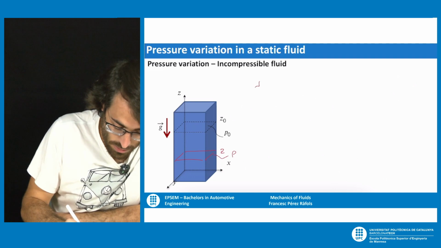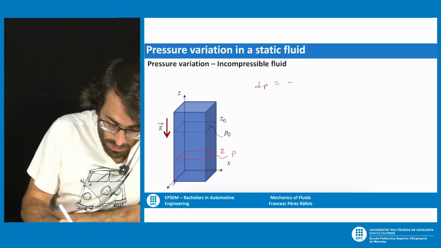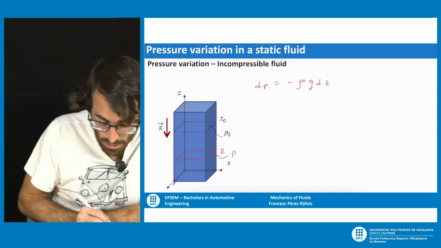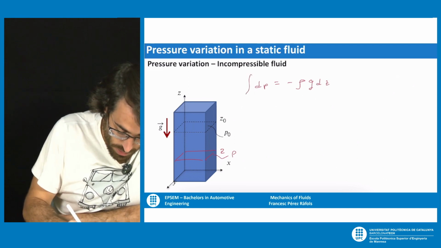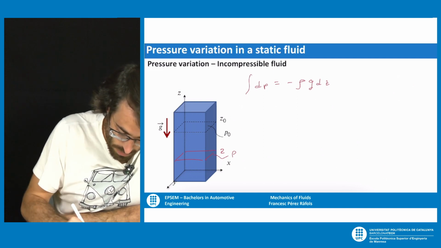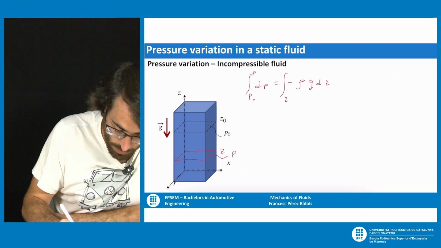We can start from the fundamental equation, dP equals minus rho g dz, and simply integrate from our reference state, P0, to our pressure P, and from our reference height z0 to z.